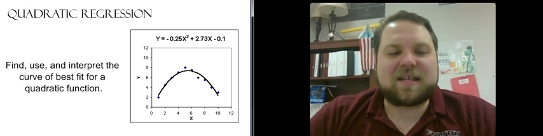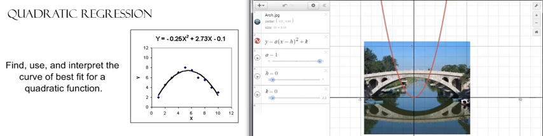So just to give you an example of what this looks like, we're going to take a picture here of a bridge, and you see here in this bridge this nice parabola of the arch on this bridge. And so what we're going to do is just some very basic quadratic regression in order to find the equation of that parabola.